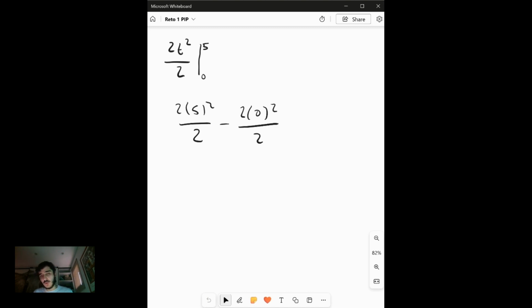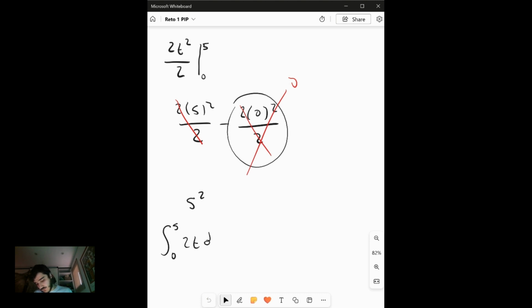And what can we do here? Well, we know that the 2's cancel out. They always do. And anything multiplied by 0 is 0, even 0. So this whole thing would just be 0, and we would be left with 5 squared. And the answer to this integral, the integral from 0 to 5 of 2t dt, would be equal to 25.